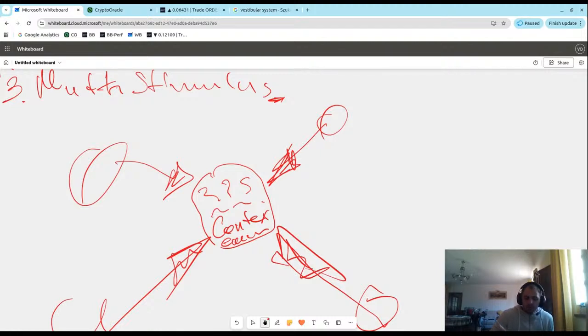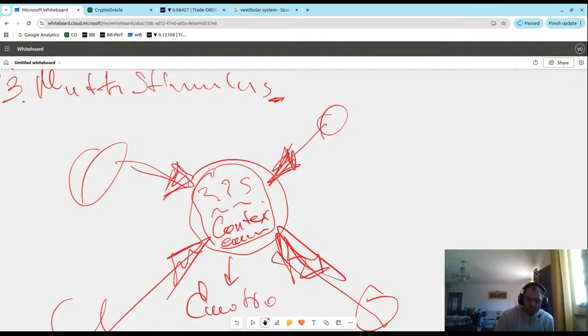And one more thing here is all of those stimuli from outside are getting processed, and you are getting an emotional response. So, for example, riding is a lot of fun.